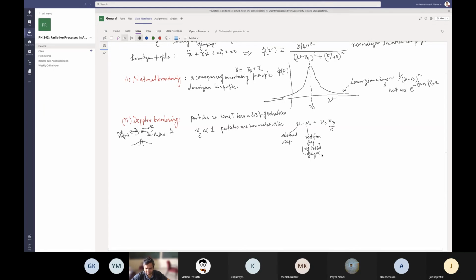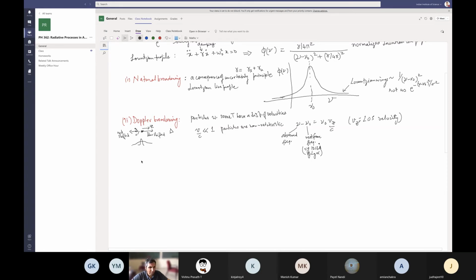So this is the physics in the rest frame of this atom. But because of this motion, the observed frequency is slightly higher or lower because Vz is either positive or negative. Okay, so Vz is the line of sight velocity. So Vz greater than 0, your observed frequency is higher, so it's a blue shift.